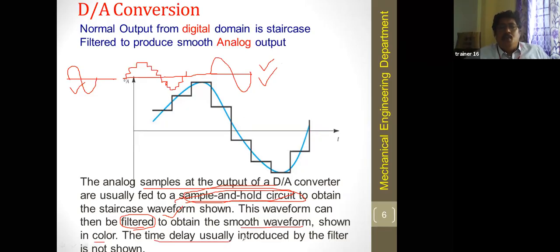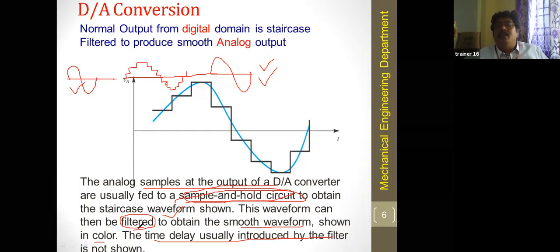The time delay usually introduced by the filter is, actually, not the filter's. It is how much time it will take for analog to digital conversion and digital to analog conversion. Lastly, we get an analog signal again. That analog signal we have to feed to the actuator. Analog signal means it is in the form of an electrical signal only.